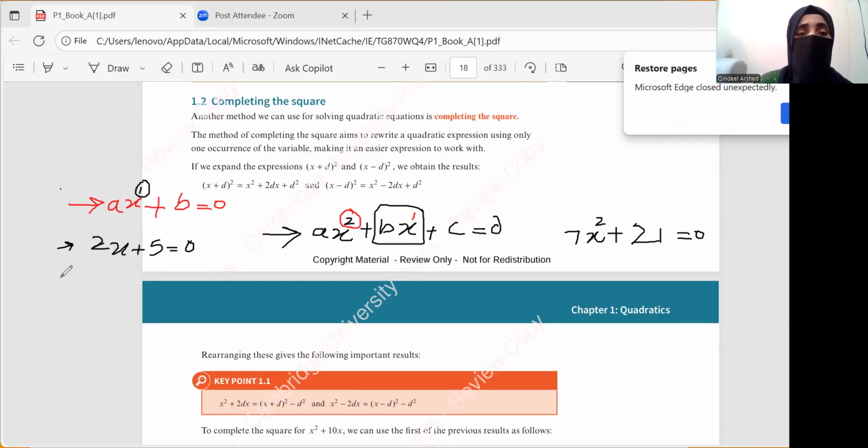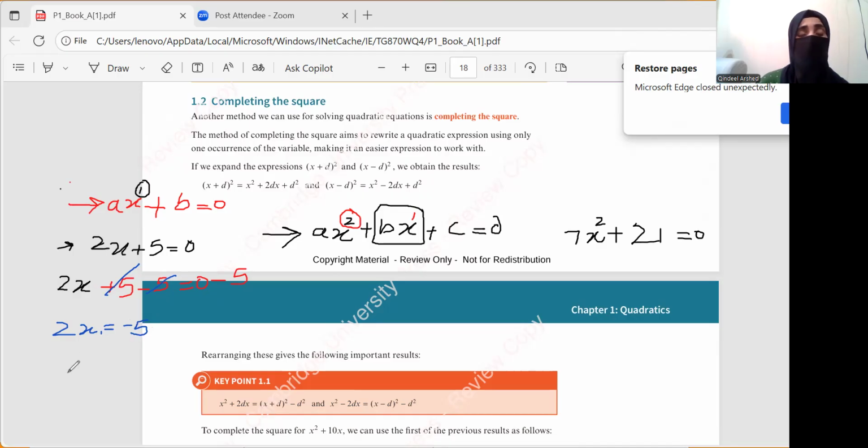There is a constant term, so we move the constant term to the other side of the equation. We simply subtract the same term on both sides. They cancel out, and our final answer is 2x is equal to minus 5.